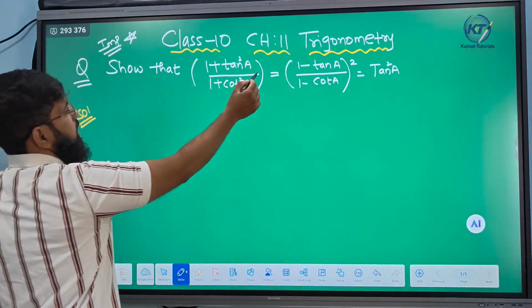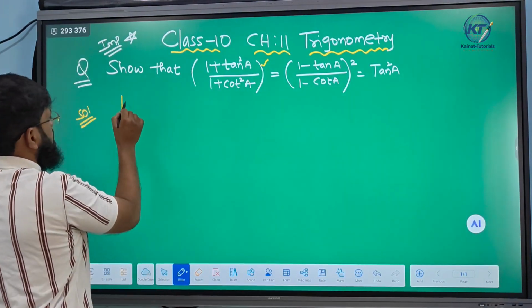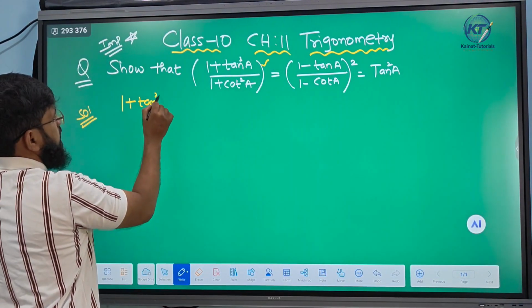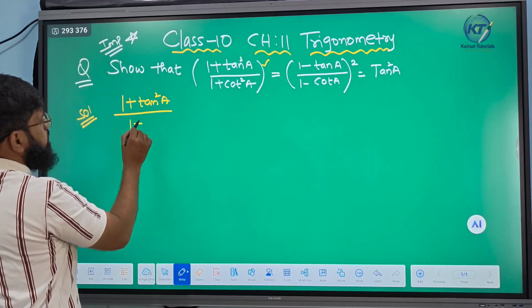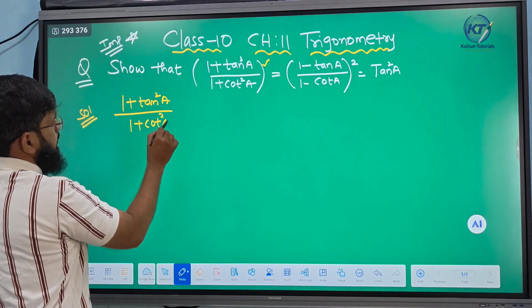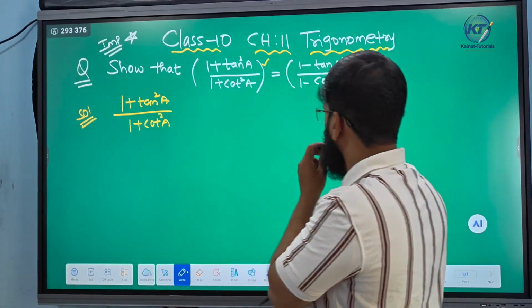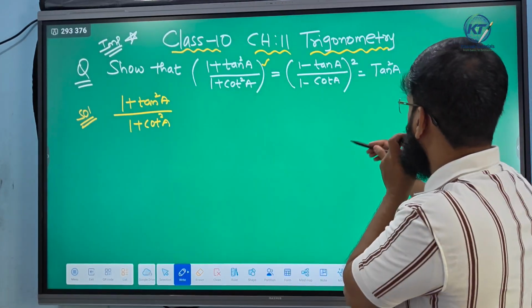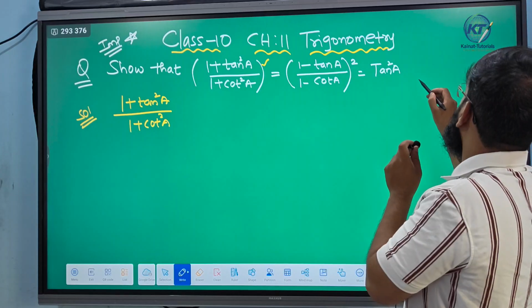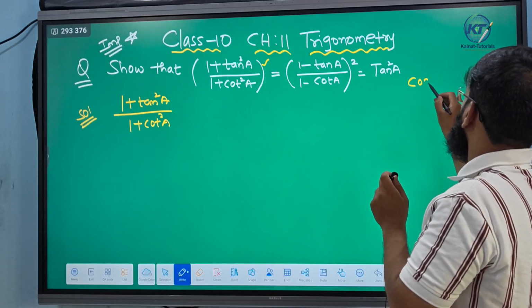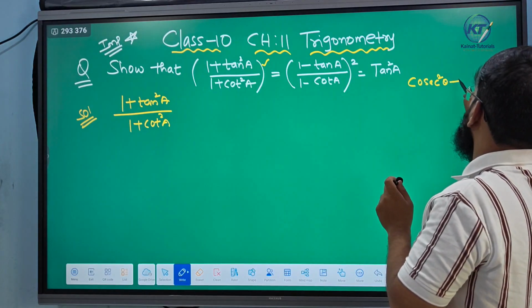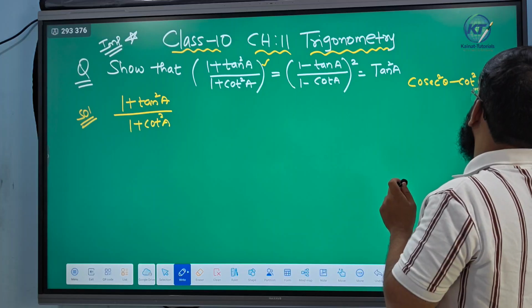So first we will be taking this one, (1 plus tan square A) by (1 plus cot square A). Before taking this one, we need to write a few important identities which are going to be useful for solving this one. Those are cosecant square theta minus cot square theta is equal to 1.